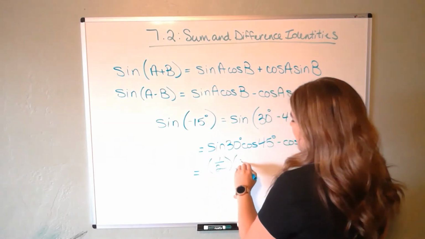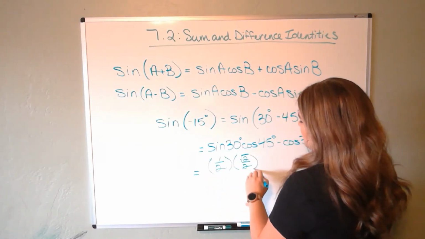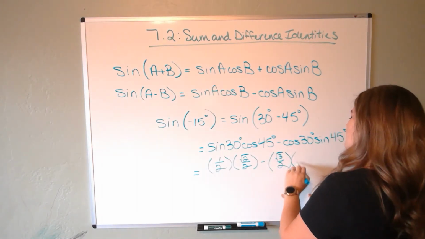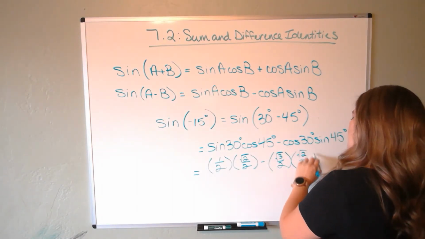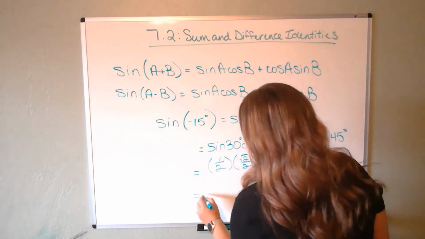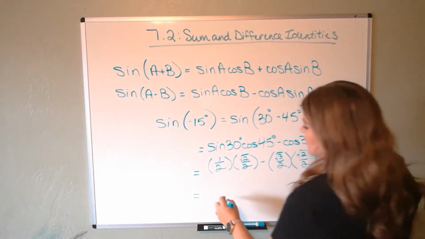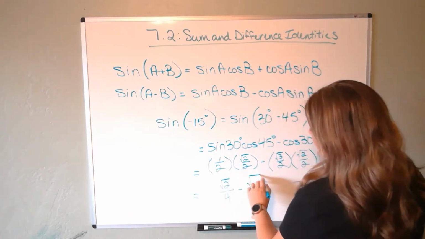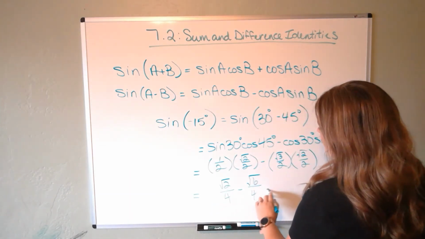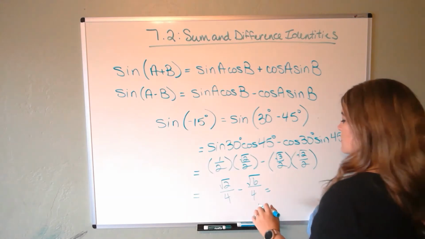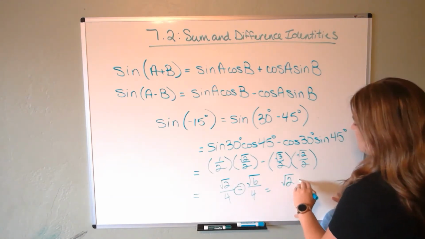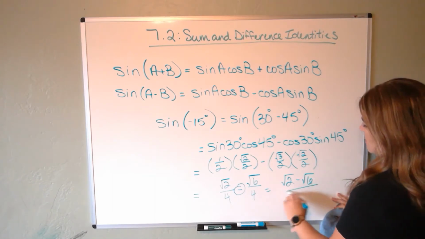We have the 1/2 root 2 over 2 minus root 3 over 2 and root 2 over 2. Multiplying those fractions together, I get root 2 over 4 minus root 6 over 4. So a very similar answer with this being the difference, right? So I get root 2 minus root 6 over 4.